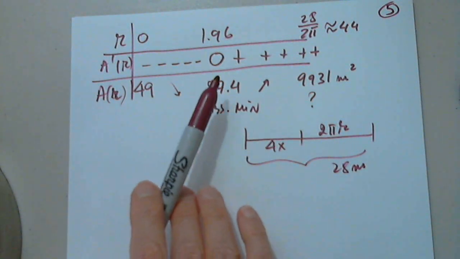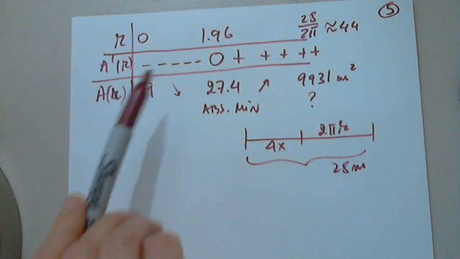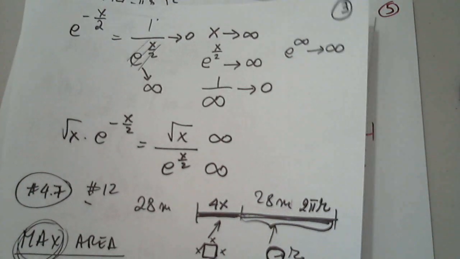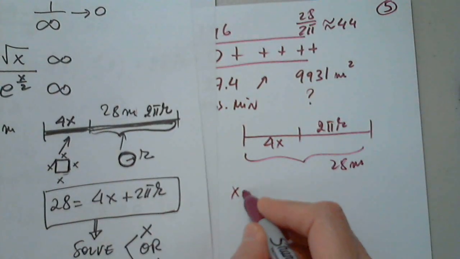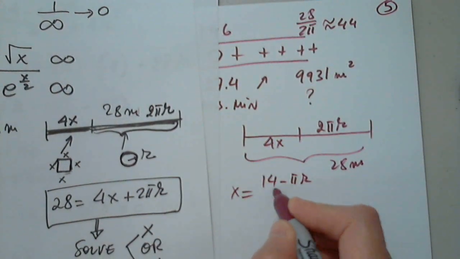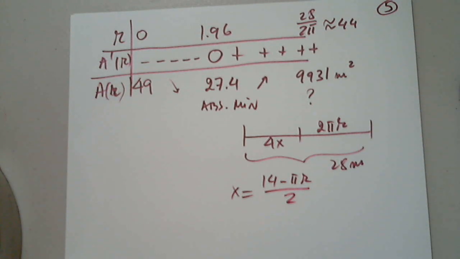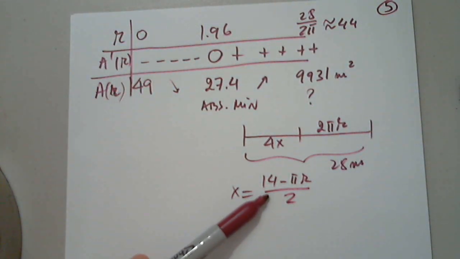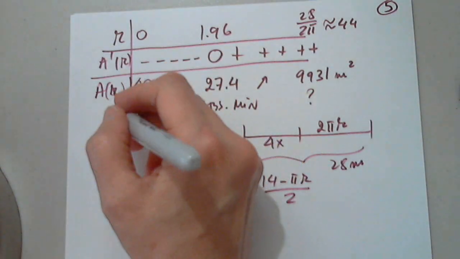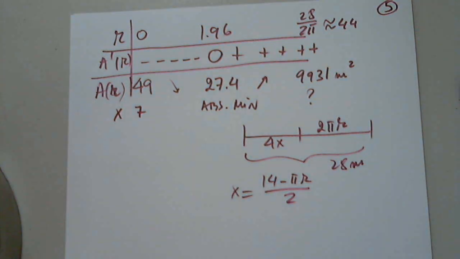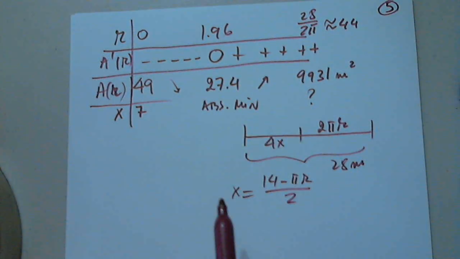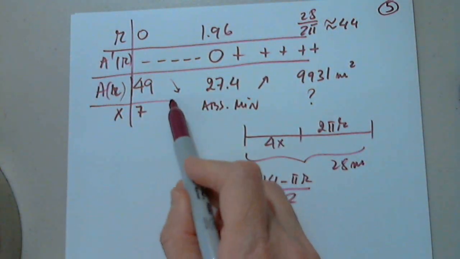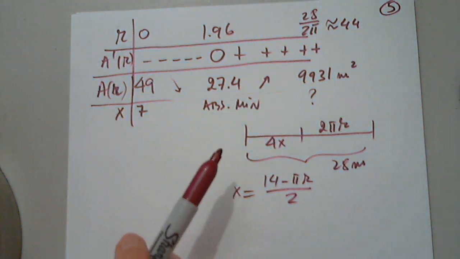I determine the radius, so let me also determine x. x was 14 minus pi r over 2. So when r is 0, x is 7. And when r is 1.96, I'm going to determine x as well.